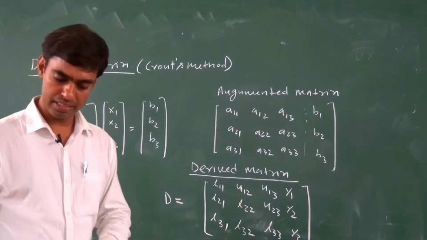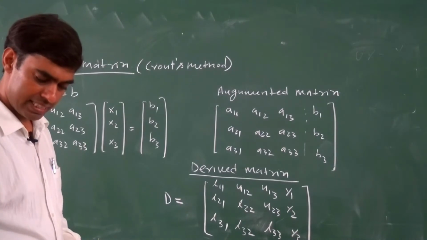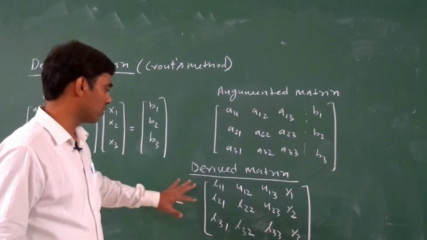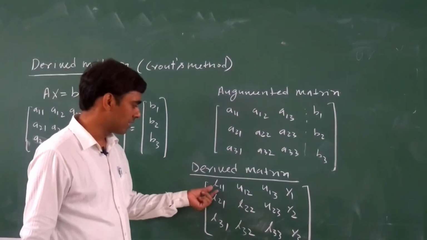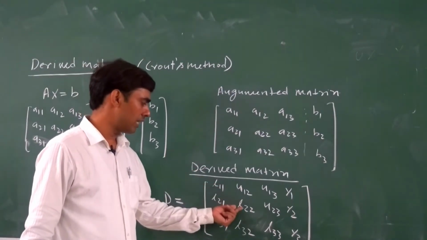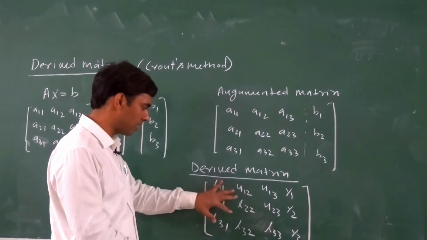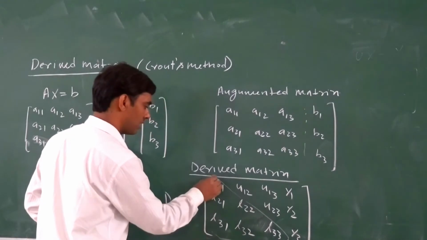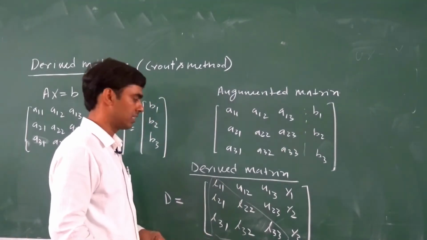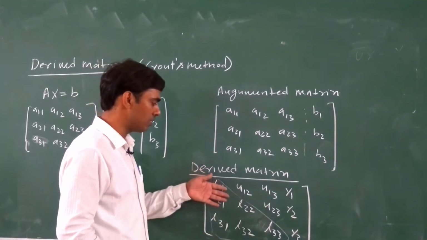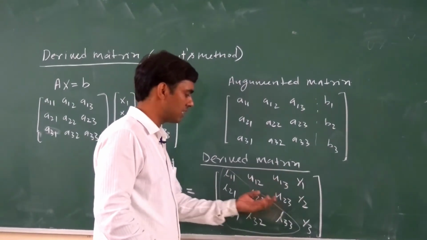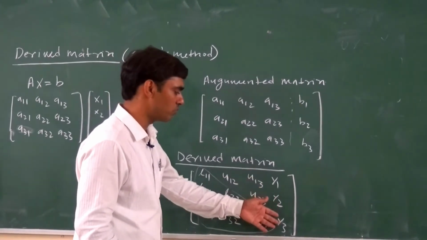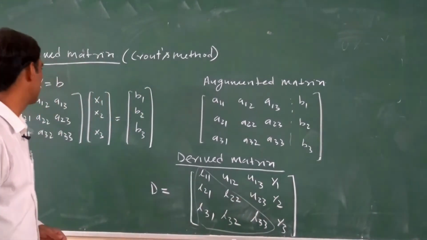He suggested a very interesting and easy approach: if we extract the values of L11, L22, L33 and the part below them, we get the lower triangular matrix. We write the diagonal elements of the upper triangular matrix as 1 and the elements above them, and Y1, Y2, Y3 we can find directly.